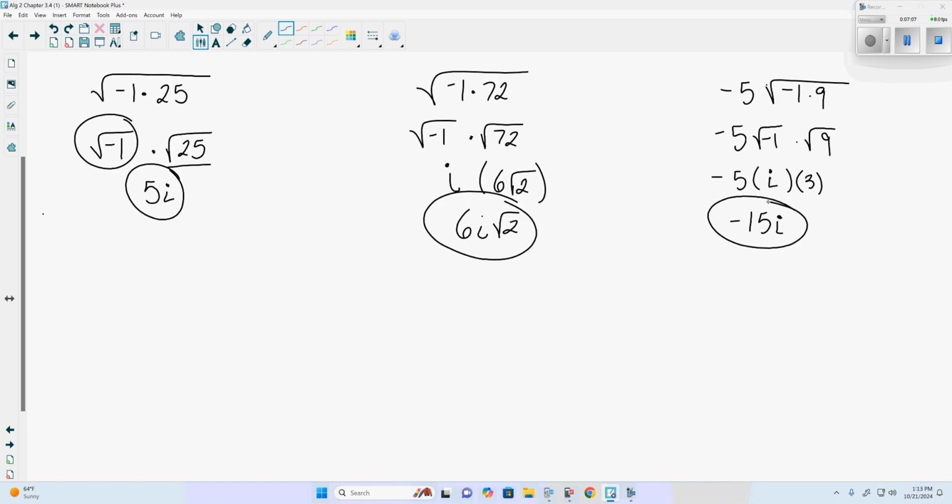Our negative 5 times 3 is negative 15. And we have our i from the negative inside the radical. So giving us negative 15i. Questions on this here? Questions on anything we've done so far? We're ready for the next one.